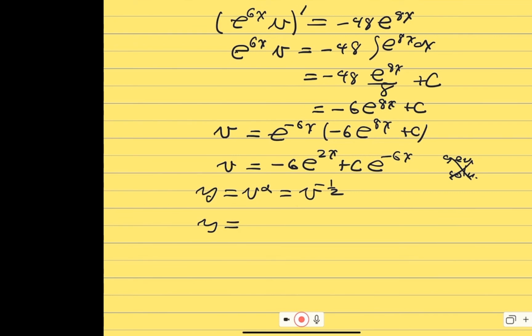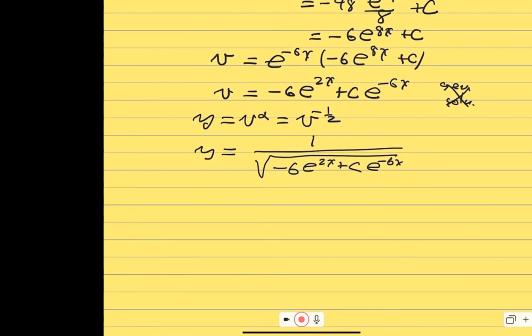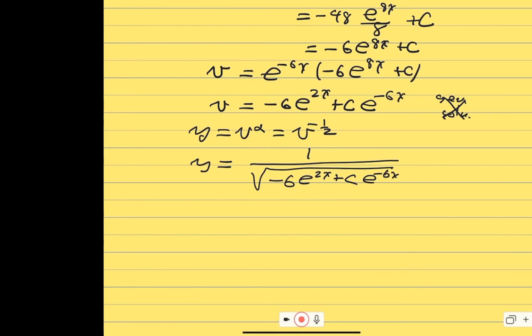So this is 1 over the square root of minus 6 e to the 2x plus c e to the minus 6x. Okay, so this is our general solution, and we were looking for a particular solution.